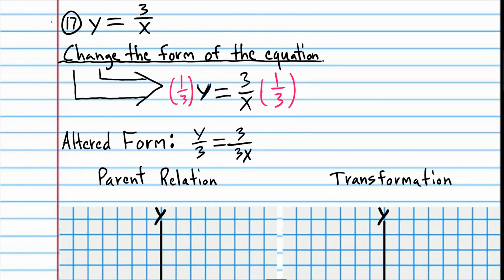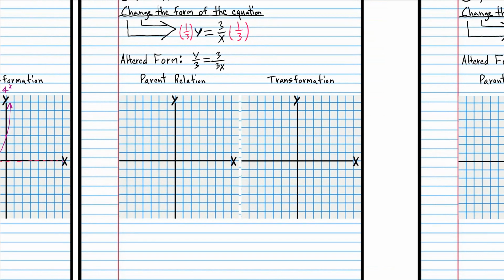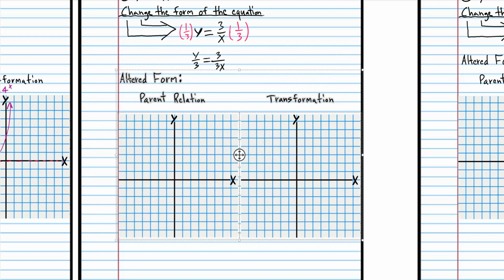But it's important to understand that those 3's will cancel out. And maybe I should leave some more room for that extra step so we can see exactly what's happening.